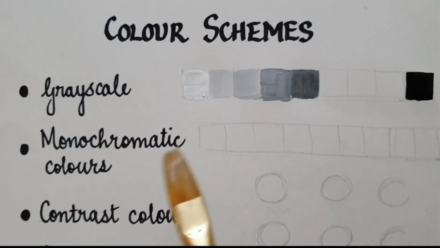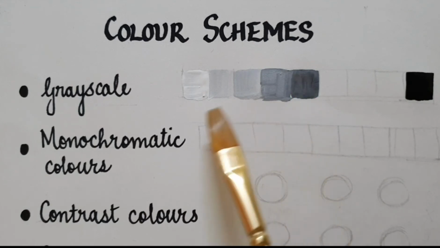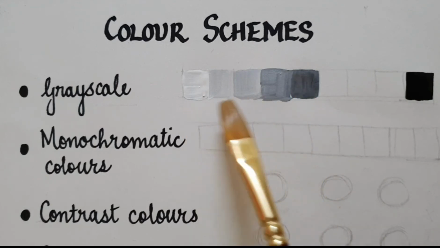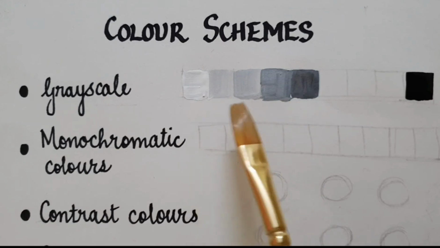So we are done with the lighter shades. You can see this is perfect gray and this is white, and these are the shades that we have got, and these are called tints.